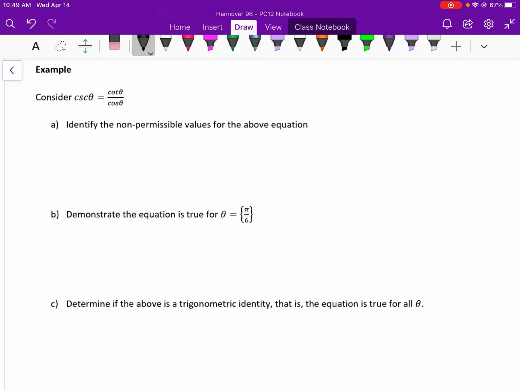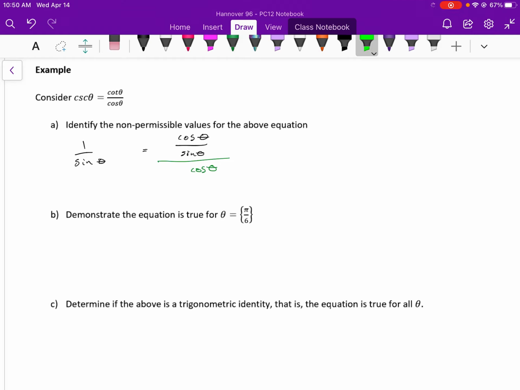So we're going to identify the non-permissible values. So I am just going to write the non-permissible values. The left-hand side is 1 over sine. The right-hand side is cotan, which is really cosine theta over sine theta divided by cosine theta.